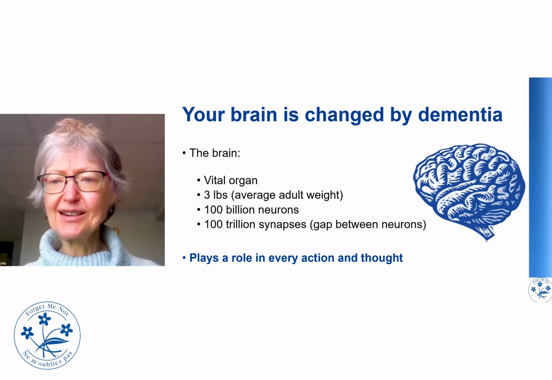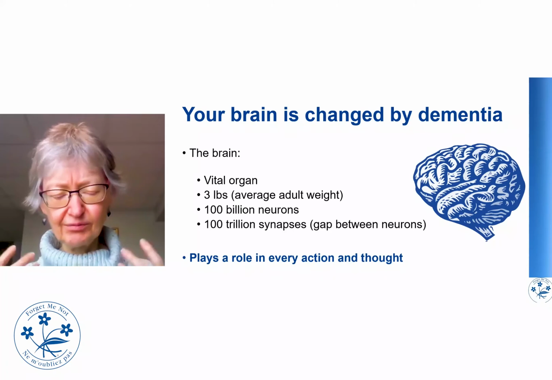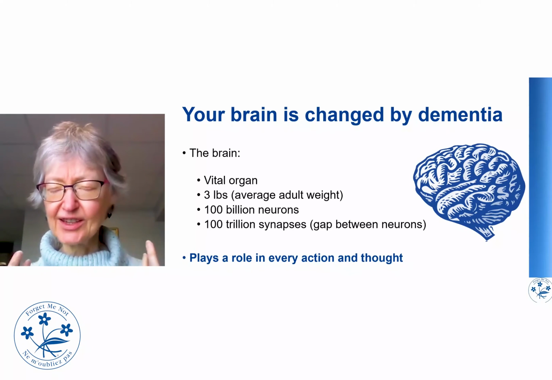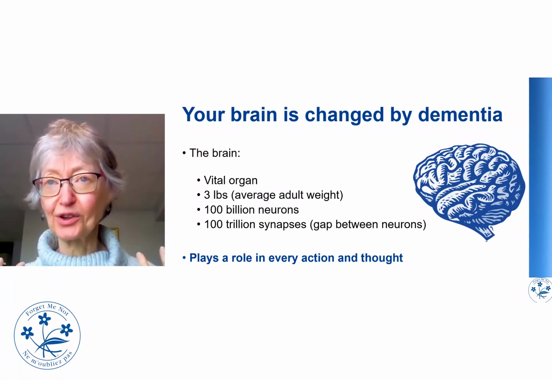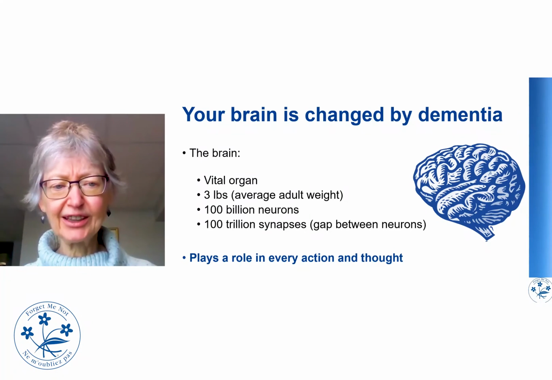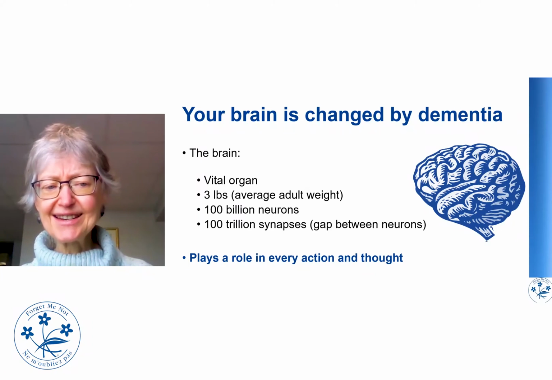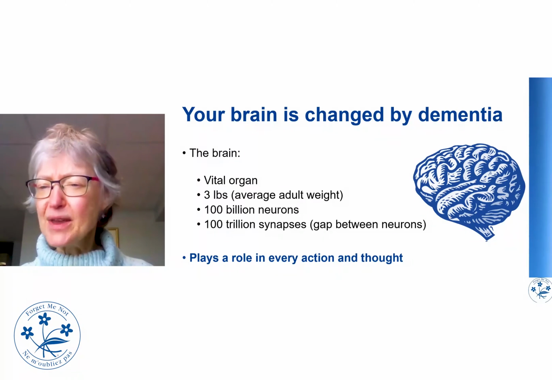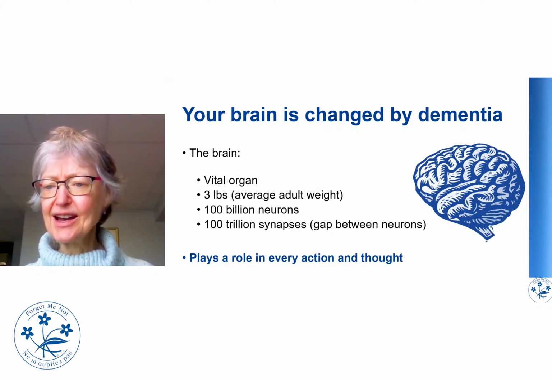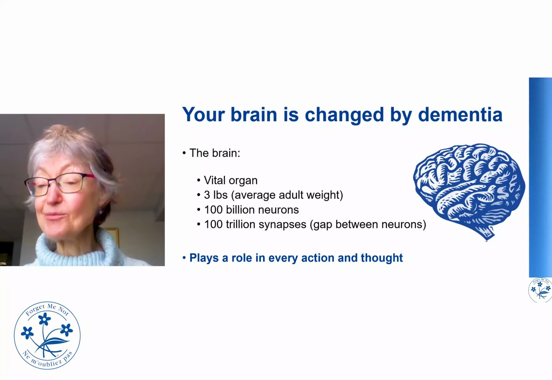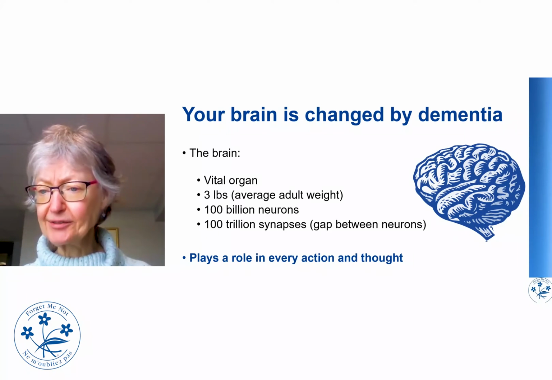Talk a tiny bit about your brain. We've all got a brain. Obviously, it's the most vital organ in our body. No brain, no life. About 3 pounds in the average adult is what it weighs. It contains 100 billion neurons. Now, a neuron is just a fancy name for a nerve cell in the brain.